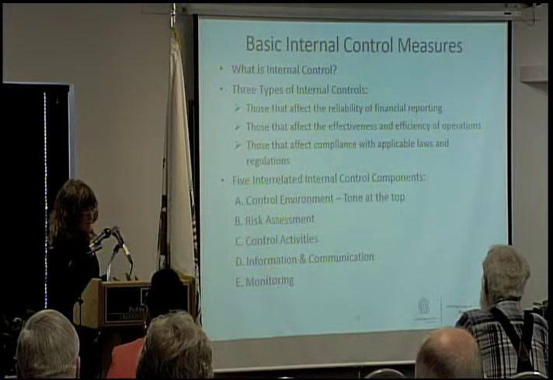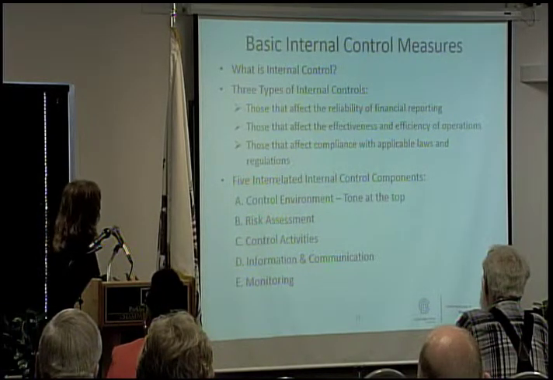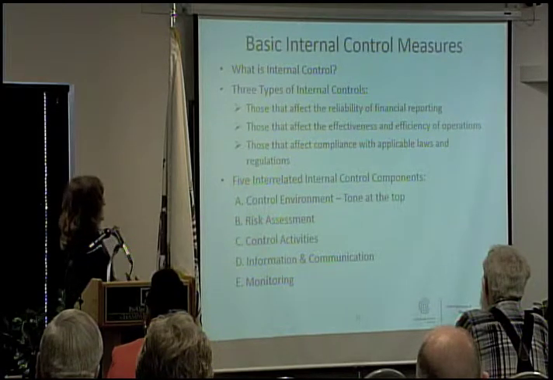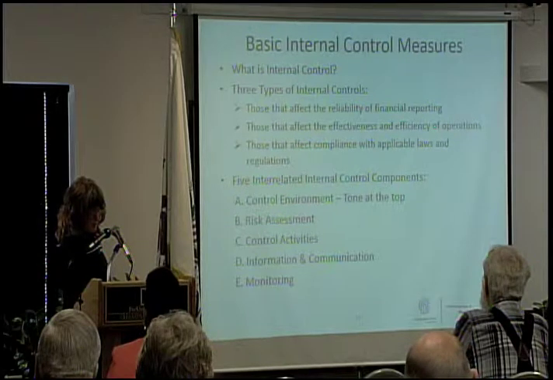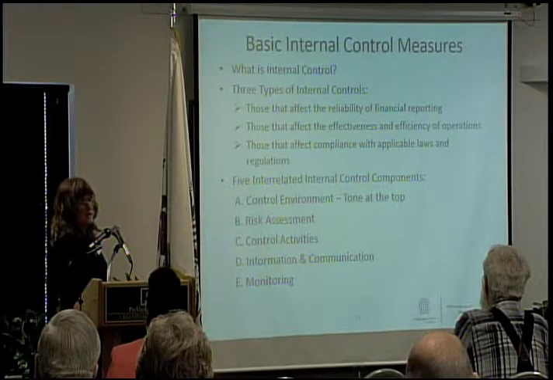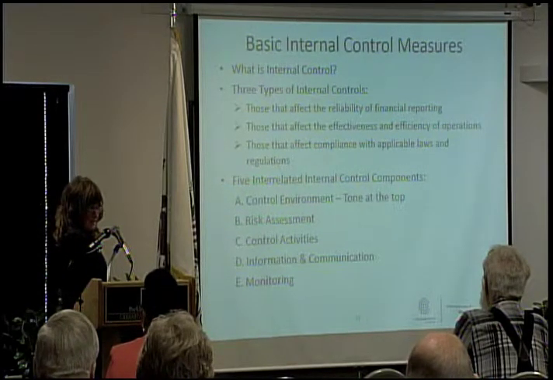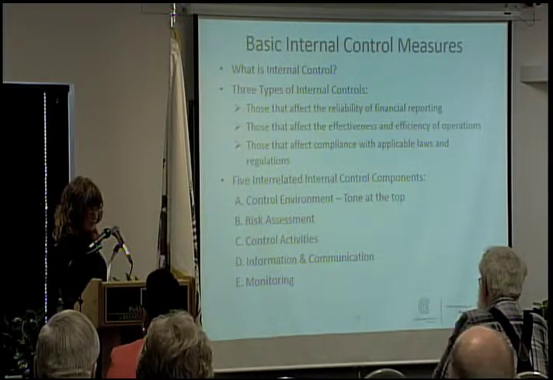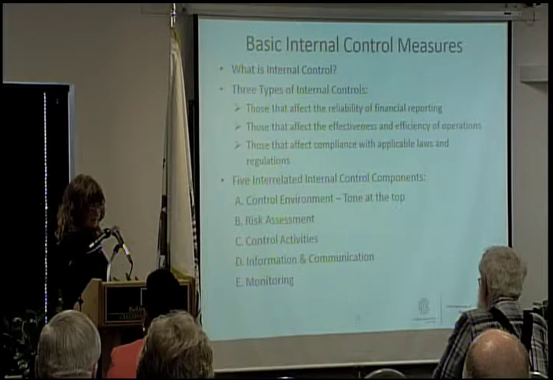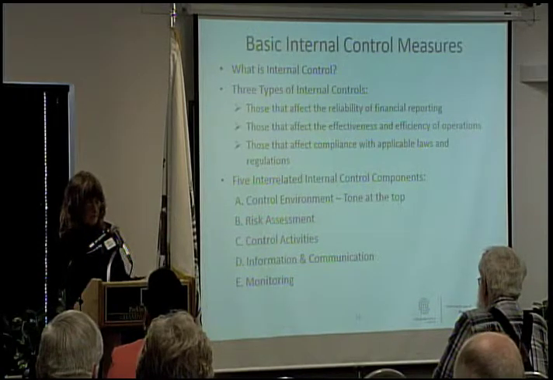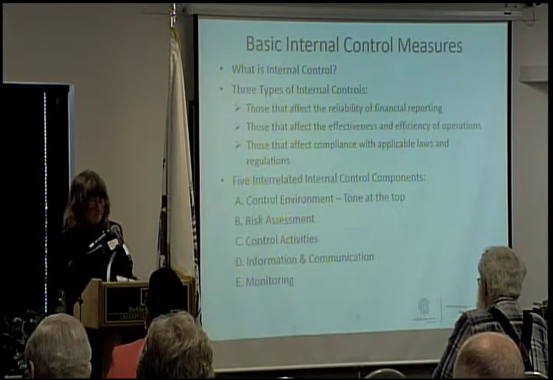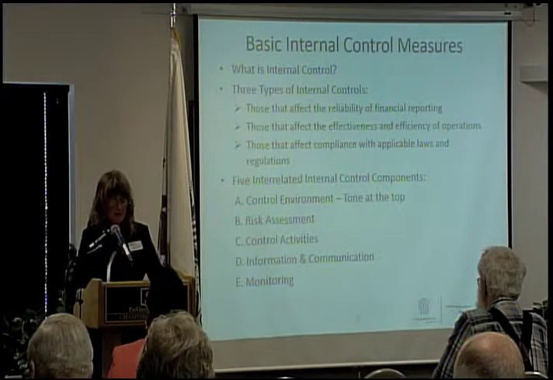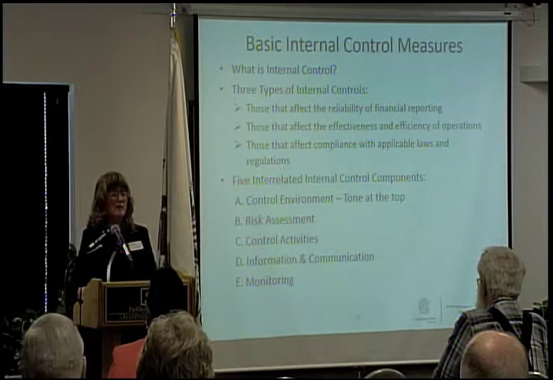Some of the types of internal controls that you can do are those that affect the reliability of financial reporting, ensure the accuracy and completion of that accounting data. That's the key to those type of internal controls. Examples would include performing timely bank recs, segregation of duties, taking a periodic physical inventory of your assets.